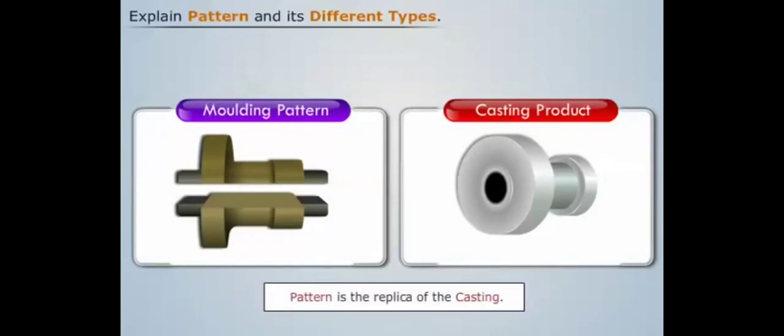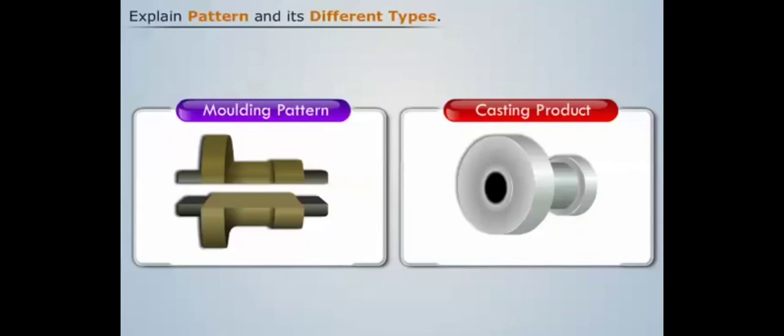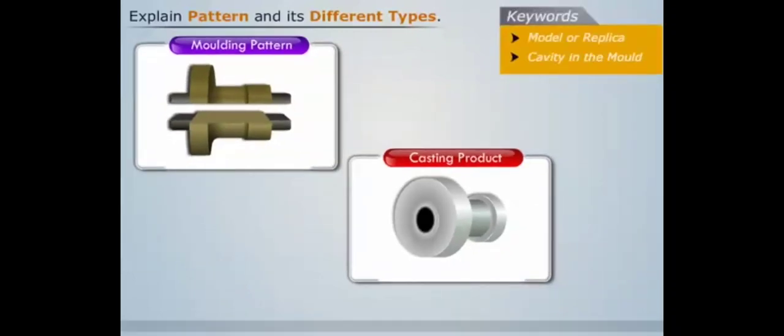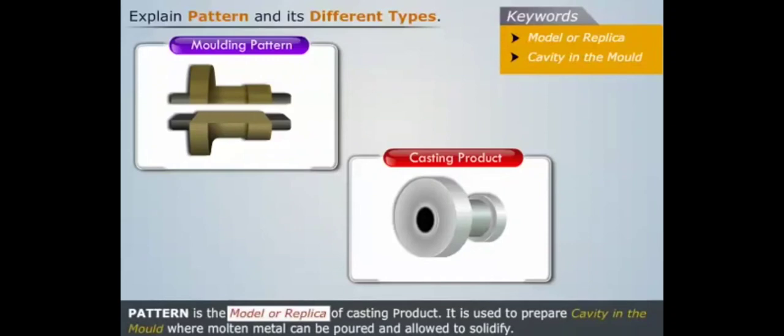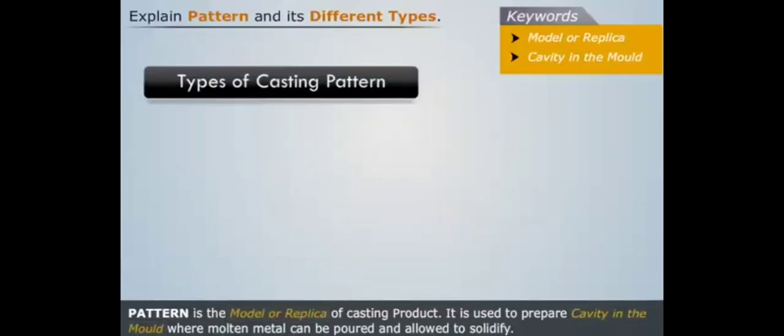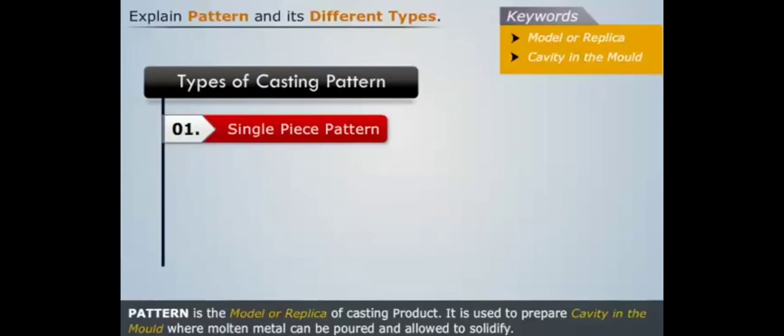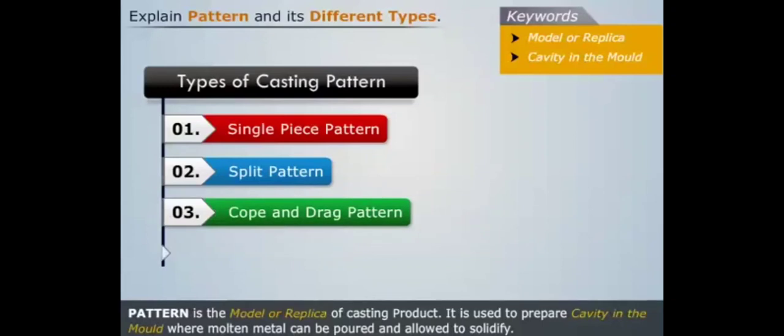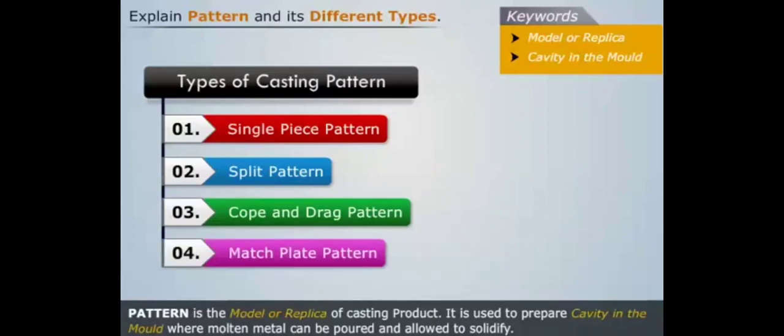Hence, pattern is the replica of the casting. Thus, pattern is the model or replica of the casting product. It is used to prepare a cavity in the mold where molten metal can be poured and allowed to solidify. The four main types of patterns used for casting metals are single piece pattern, split pattern, cope and drag pattern, and match plate pattern.